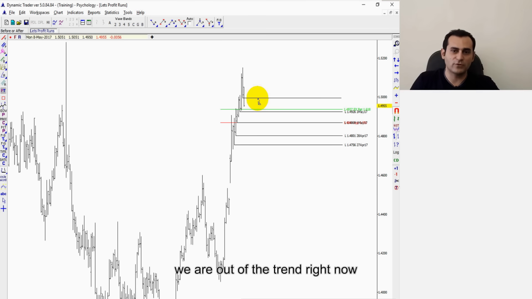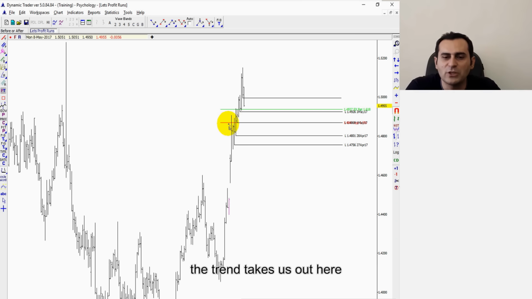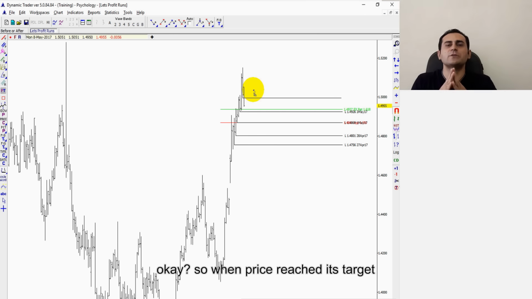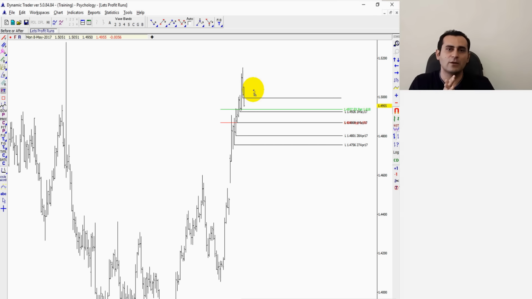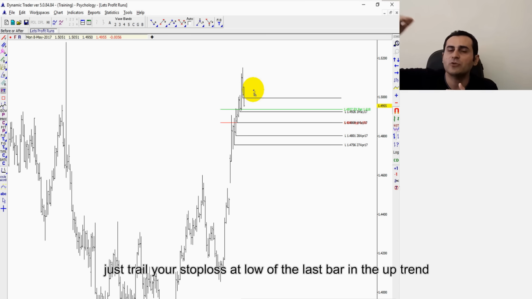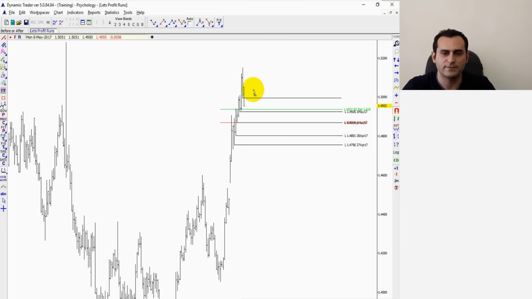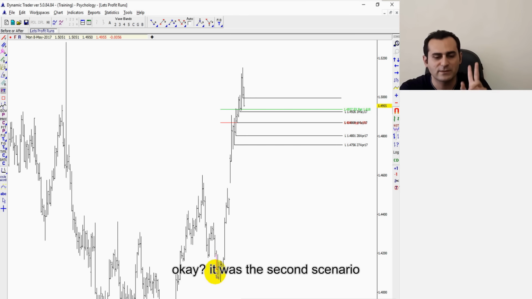We are out of the trend right now, instead of manually closing our position here, the trend takes us out here. Okay, so when price reaches its target, don't close your position manually. Just trail your stop loss to the low of the last bar in the uptrend, or the high of the last bar in the downtrend. Okay, it was the second scenario.